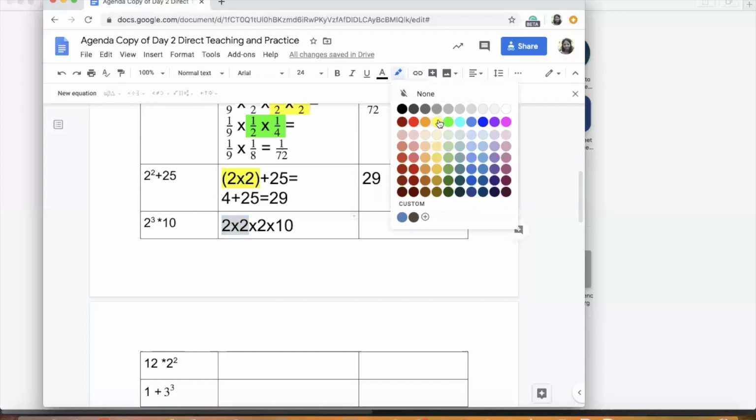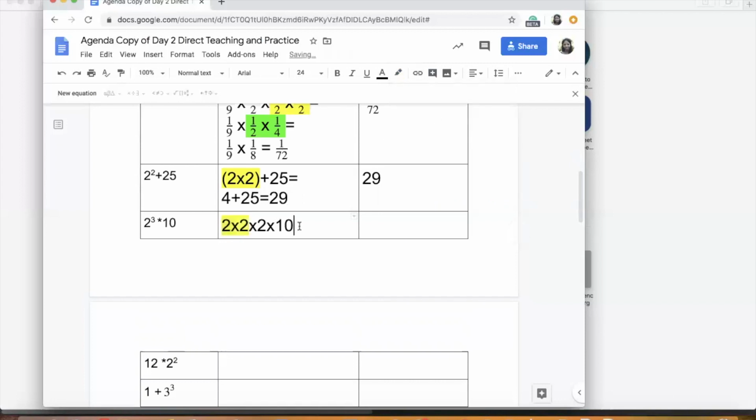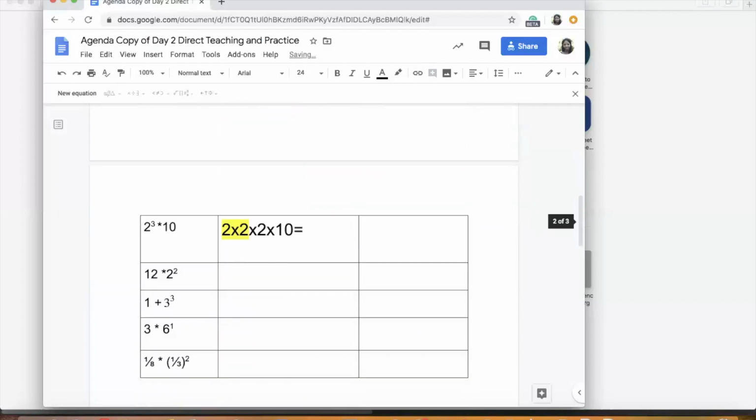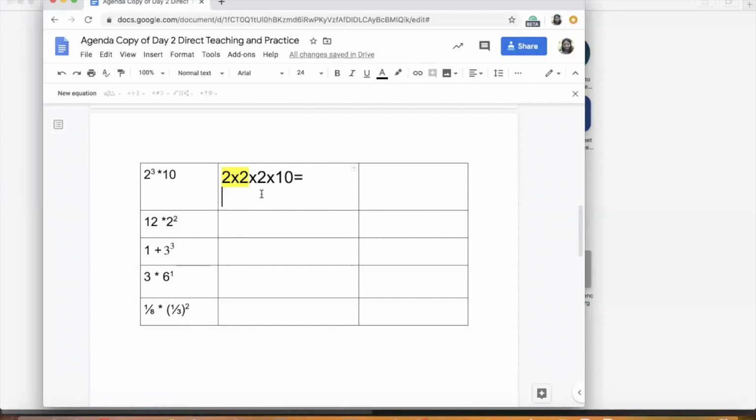It's going to make something called a square number. So I like to highlight my twins. I call them twin factors because they're the exact same. And I'm just going to move this so it's on one page. So that's going to make 2 times 2 is 4 times 2 times 10.